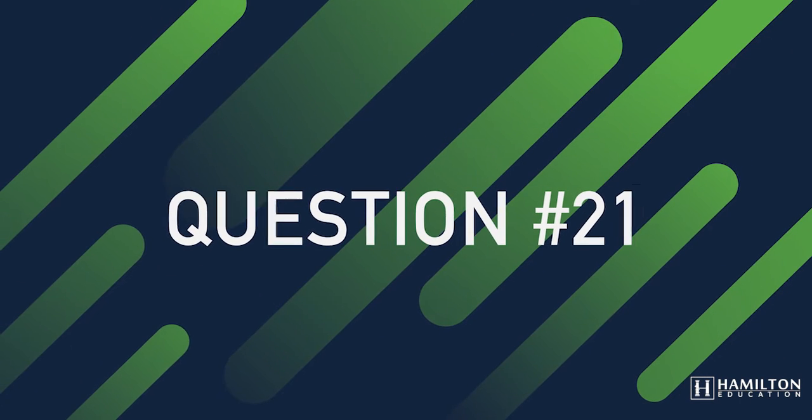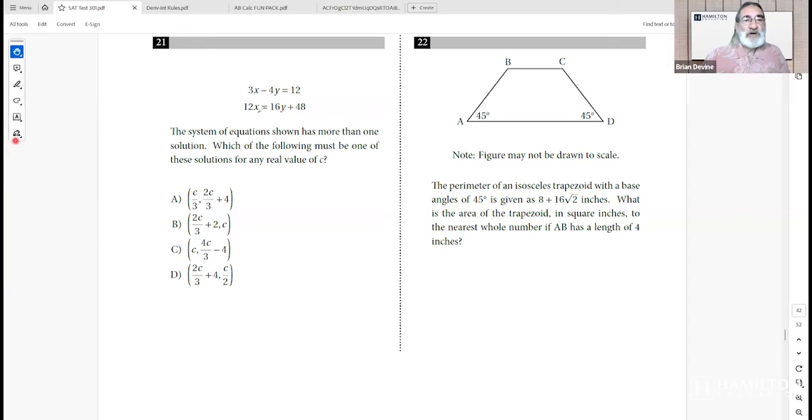Question 21. In question 21, we're given a system of 2 equations, and the system has more than one solution. Well, right away, that means the same line. And we can see that because if I take 4 times this one, I'm going to get 12x minus 16y equals 48.